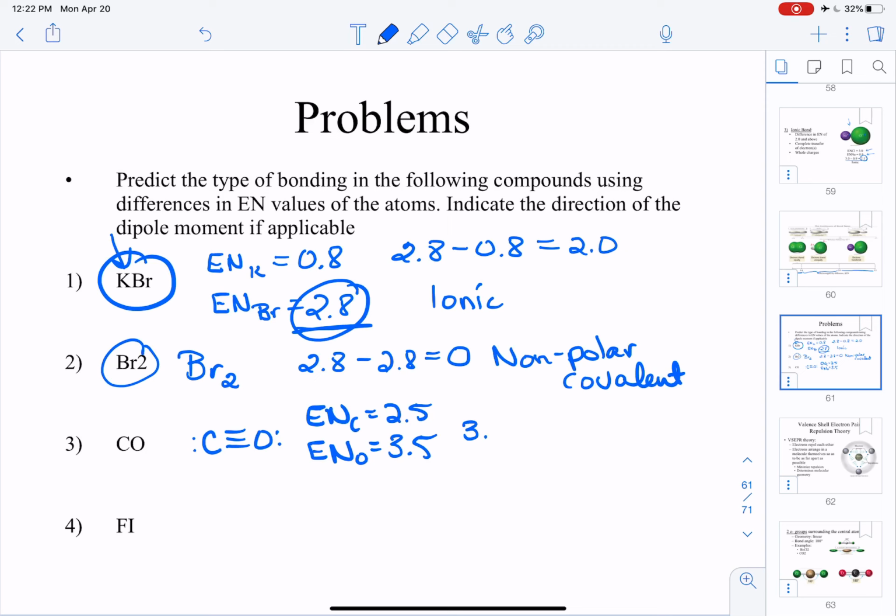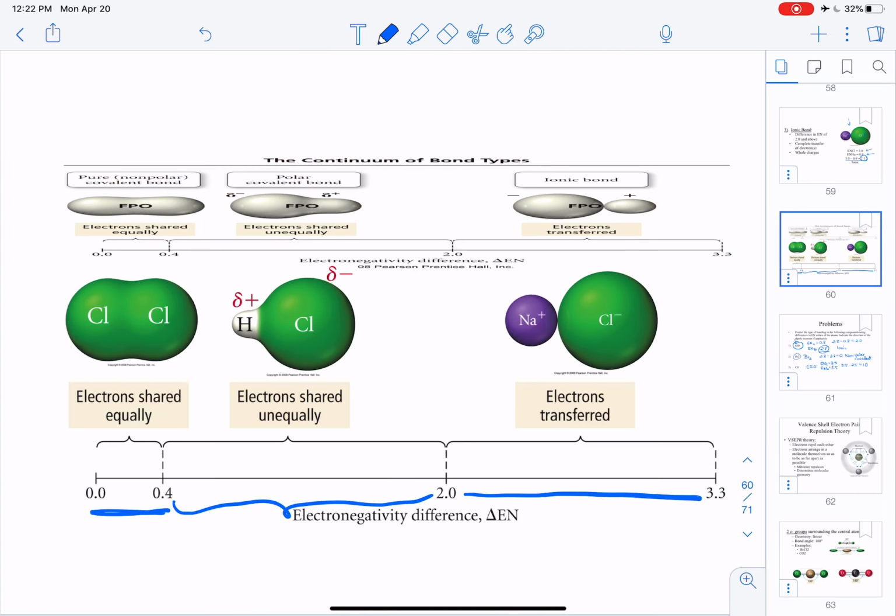So we have 3.5 minus 2.5, which equals what? 1. And 1 is greater than 0.4, but it's less than 2.0. So we're right here in this zone of our electrons being shared unequally. So we have a polar covalent bond.